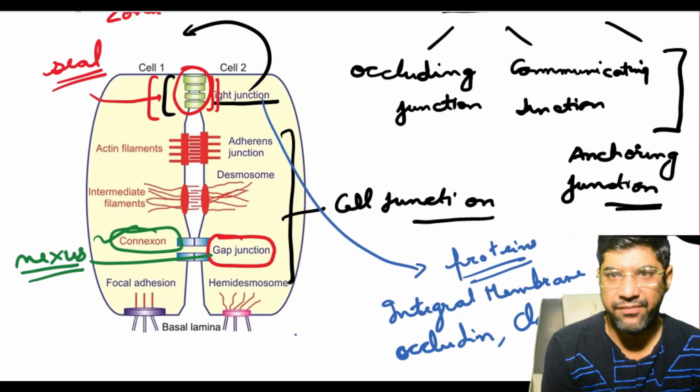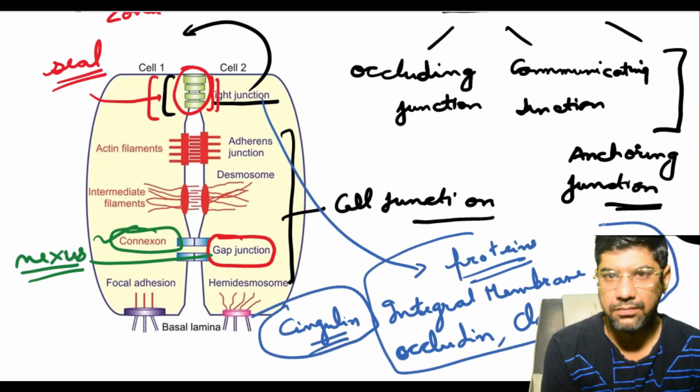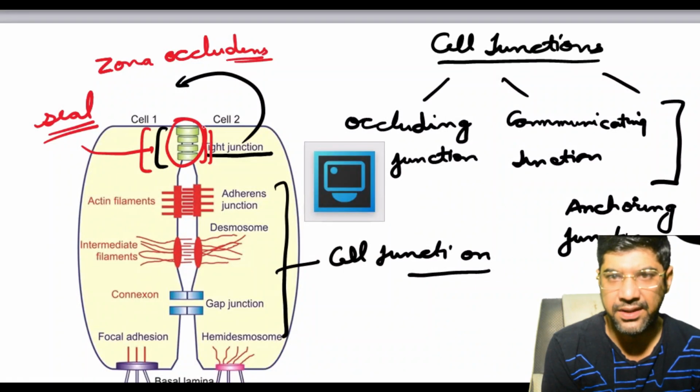Apart from that, there are scaffold proteins like cingulin, symplekin, etc. Why is it important to have these scaffold proteins? They help to maintain the integrity of this junction under stress or mechanical forces.